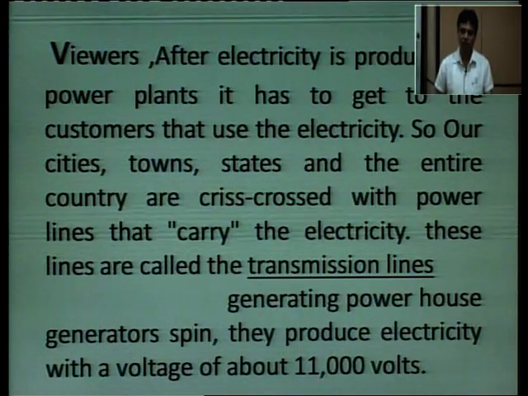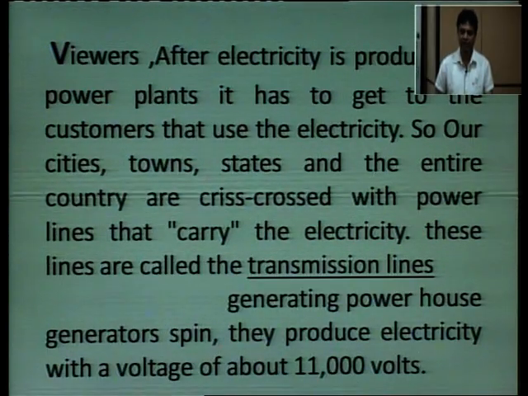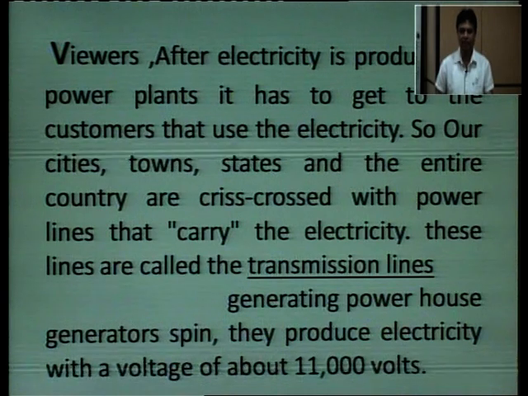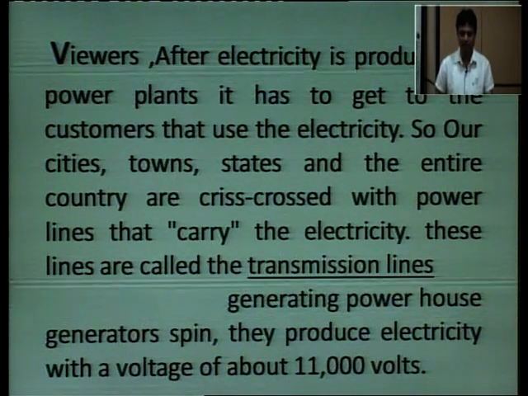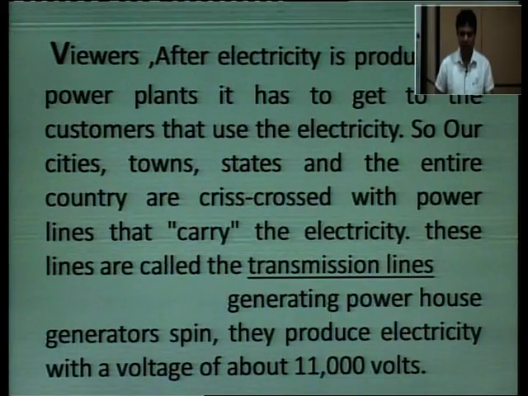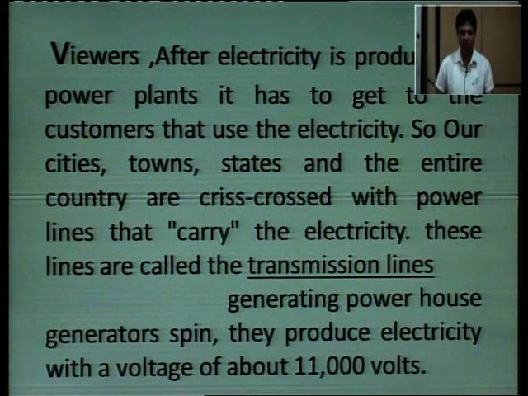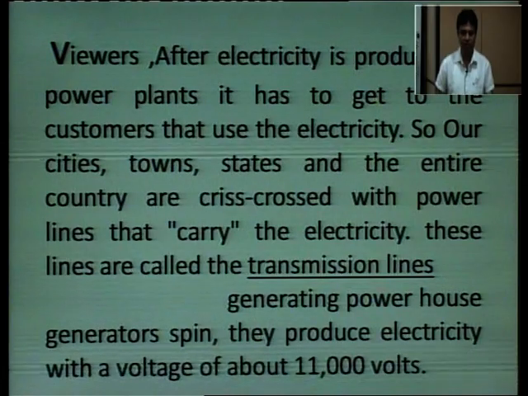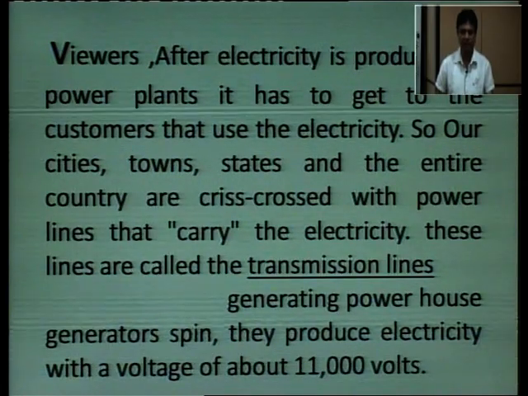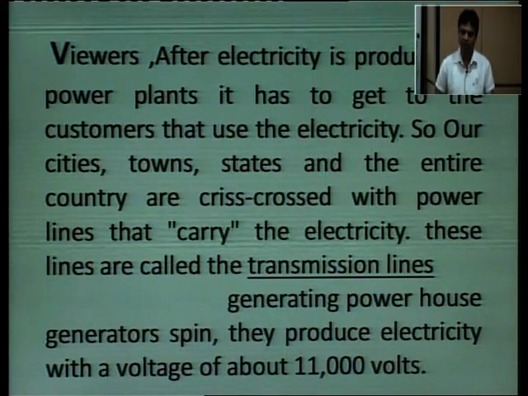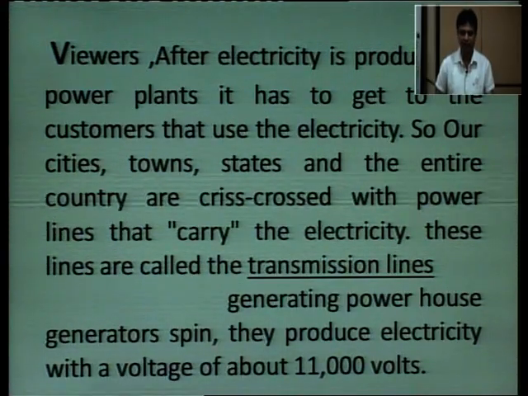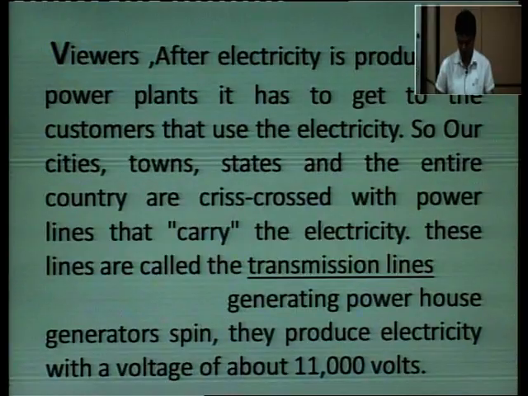Generators convert mechanical energy into electrical energy, and the voltage of that electrical energy is 11 kV, or 11,000 volts.